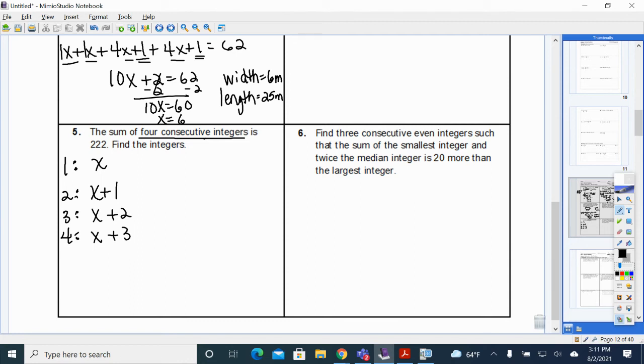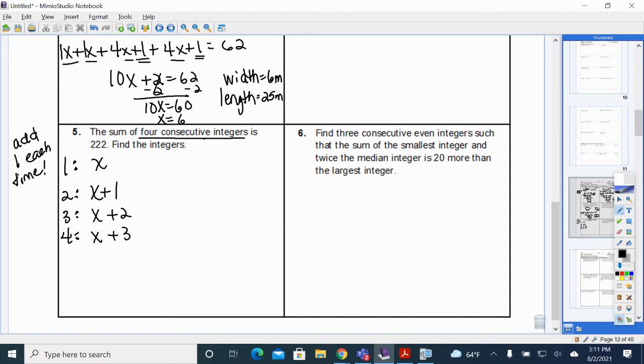So with plain consecutive integers, we only add one each time. So the first one's always x, then you're going to add x plus 1, add another one, x plus 2, add another one, x plus 3.